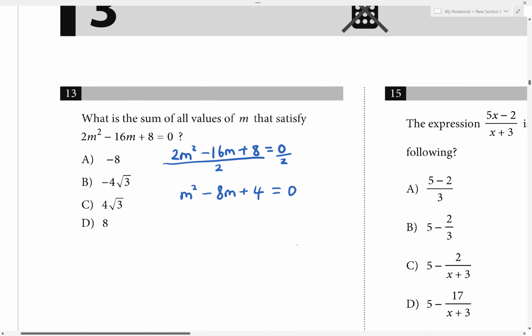When something is not factorable, we can solve using the quadratic formula. Let me write this down. m is equal to negative b plus or minus the square root of b squared minus 4ac, all over 2a.